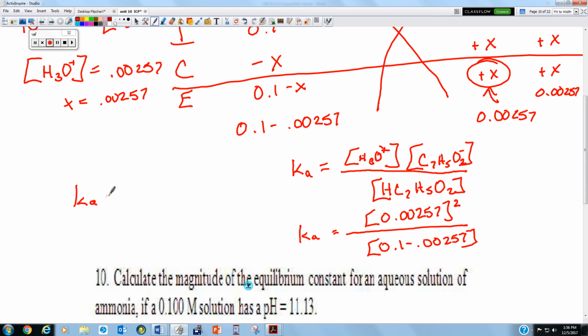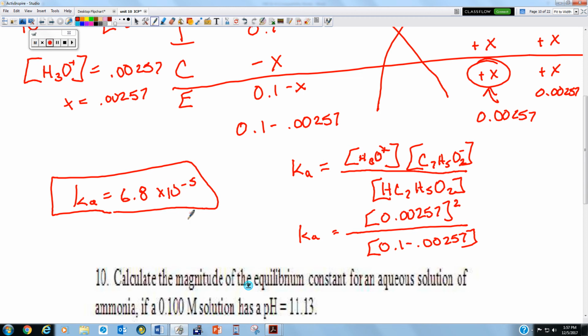So what does Ka equal? All right, so I'm just going to put it in 2 sig figs. So 6.8 times 10 to the negative 5.